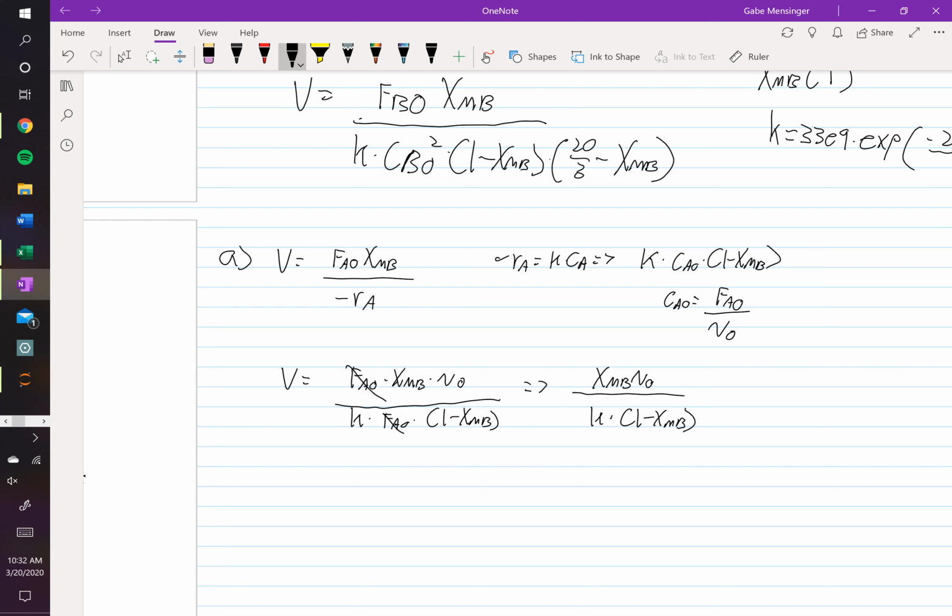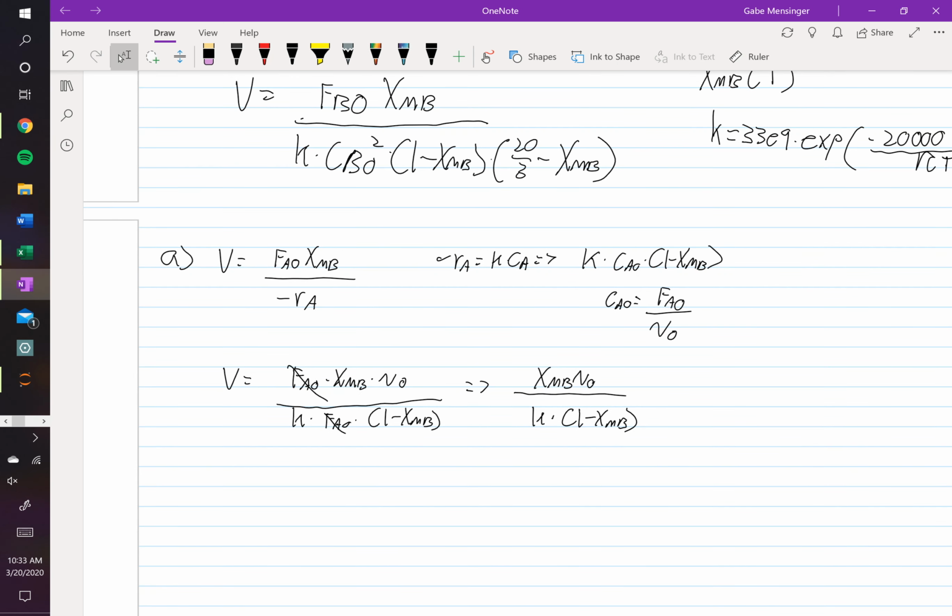And like I mentioned before, we don't really know anything about the volumetric flow rate. And we also don't know anything about volume, actually. But we do know what tau is. Tau is given. Tau is equal to V over V naught, or V is equal to tau times V naught.